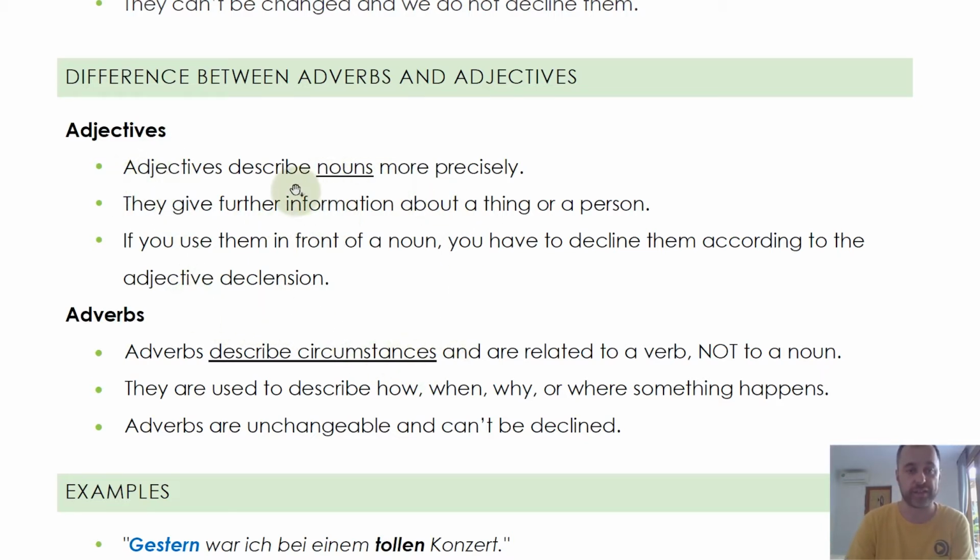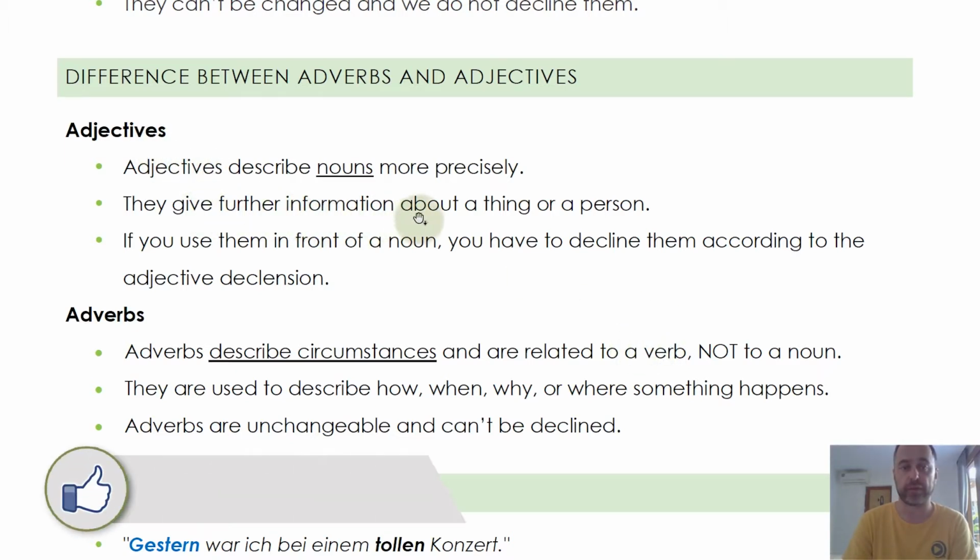So adjectives describe nouns more precisely. So adjectives give a noun a certain characteristic, while adverbs describe circumstances, and they are usually related to the verb and definitely not to a noun. So they are related to the whole situation in the sentence.